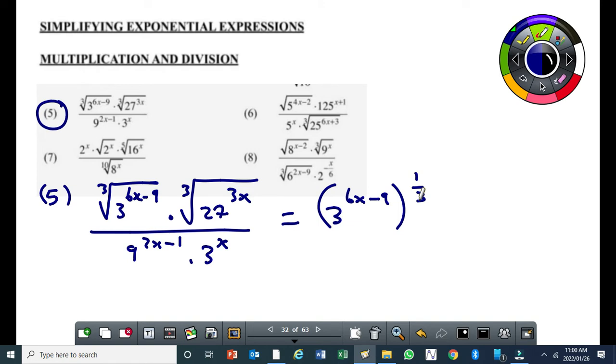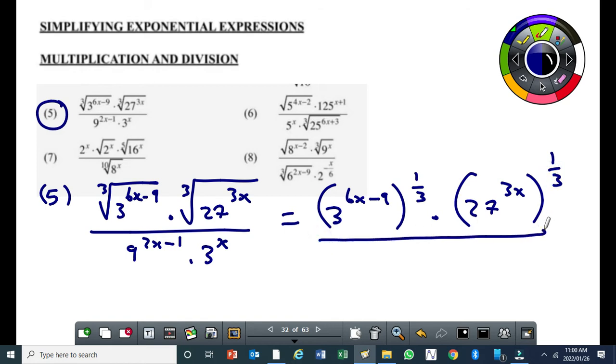So this is the same as that. We are removing the square root sign. Times 27 to the power of 3x, all raised to the power of a third. This is all over. Now, just allow me to simplify that denominator.